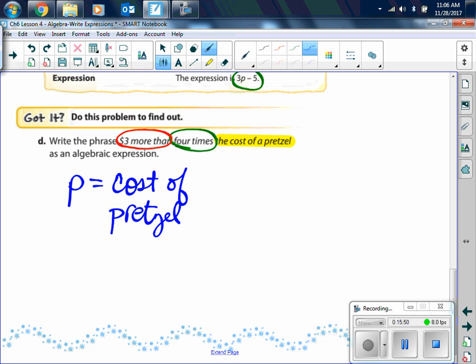We're going to do the multiplication first. So, we want 4 times the cost of the pretzel, 4p. Now, I want $3 more than that. $3 more means that we're going to add. Very good. So, we're going to add $3 more to that. And there's your final expression.